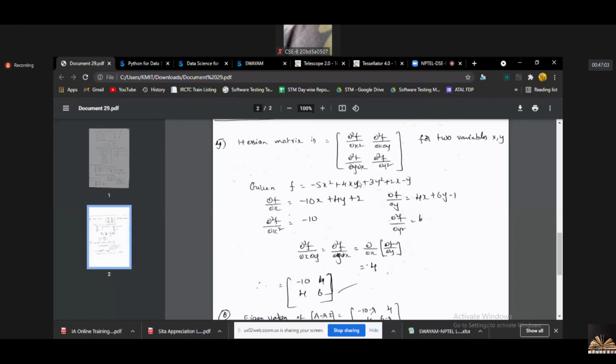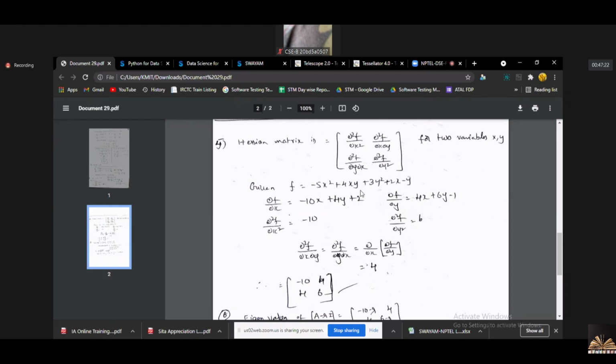Plus 4 into y, 4y, since x becomes 1. With 3y square, x is not there. Then plus 2x, so x becomes 1, so plus 2. So the first derivative with respect to x is minus 10x plus 4y plus 2.